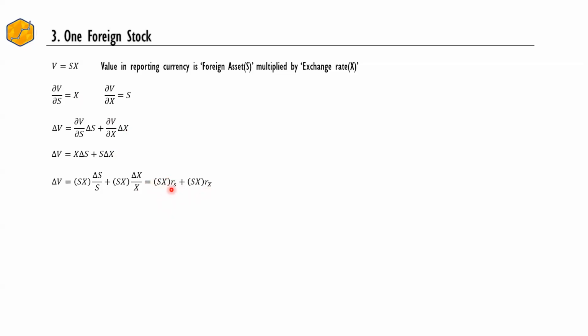But what I wanted to show you is that for both of these, the sensitivity is SX, which is the market value of the instrument in reporting currency. For FX also, and for equity also, the sensitivity is the market value of the stock in reporting currency. Okay. All right.